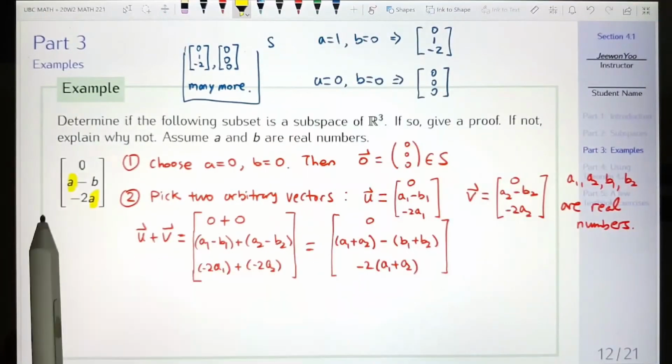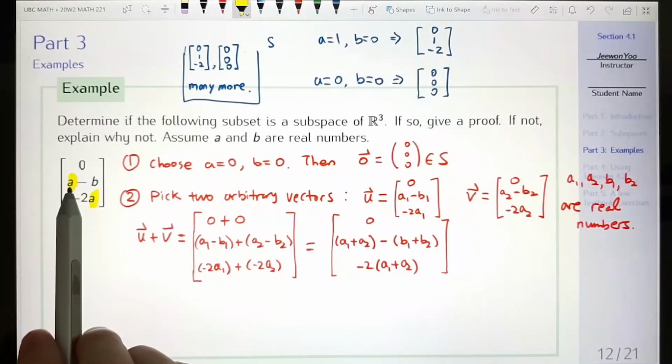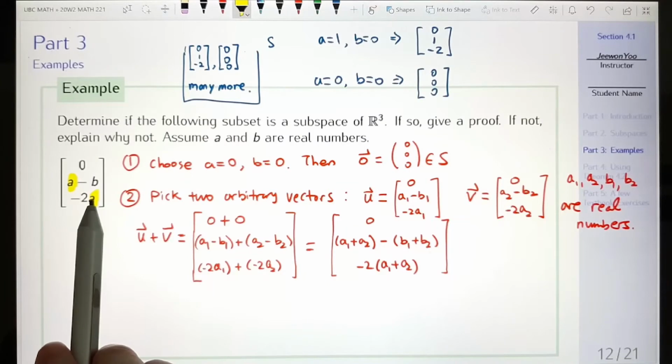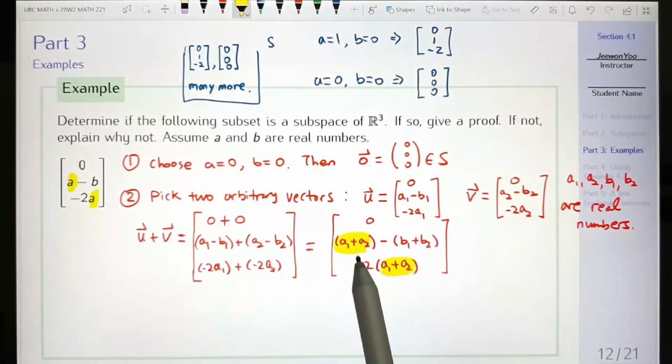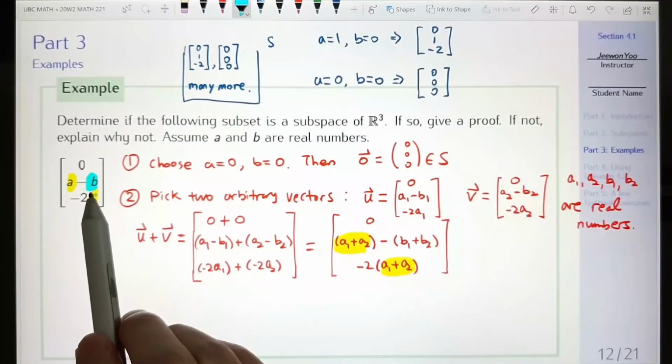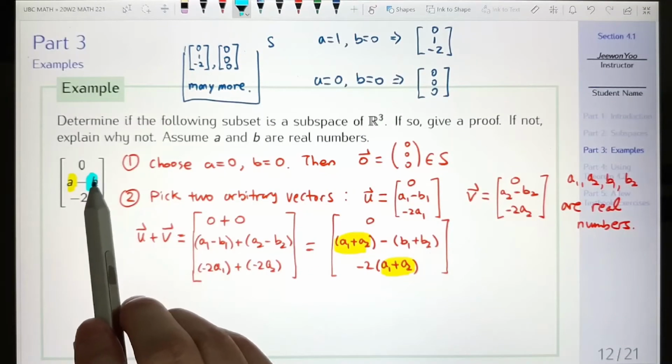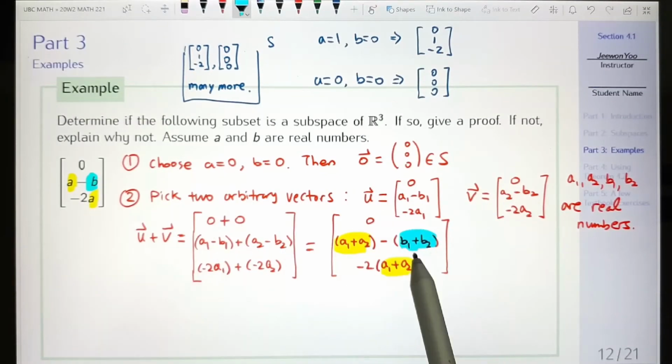Look, the scalars A in front must be the same as A at the bottom. Fortunately, A1 plus A2, A1 plus A2 here, both are the same. And then let's just color the other scalar to be B, which means another type of scalar B1 plus B2.